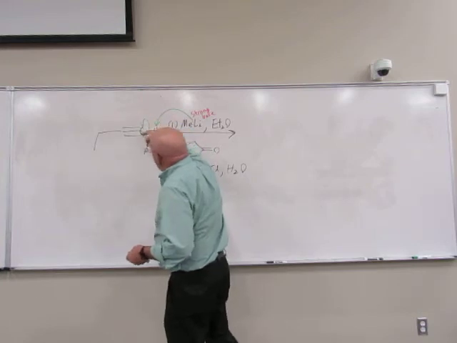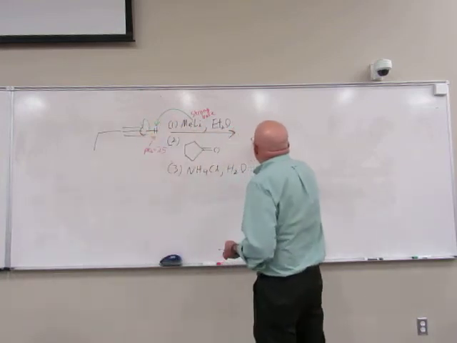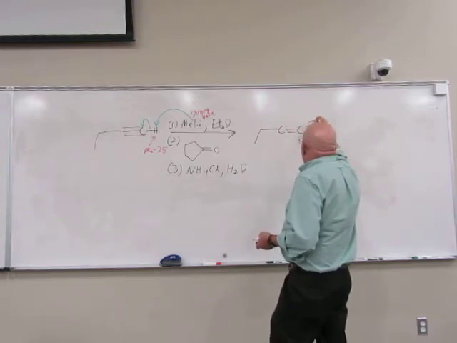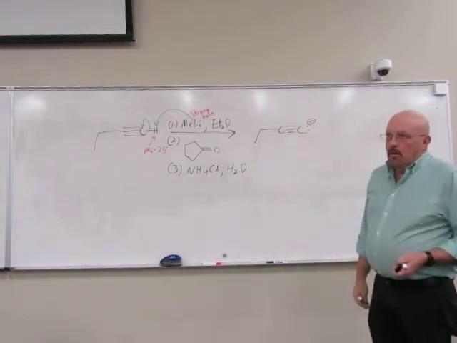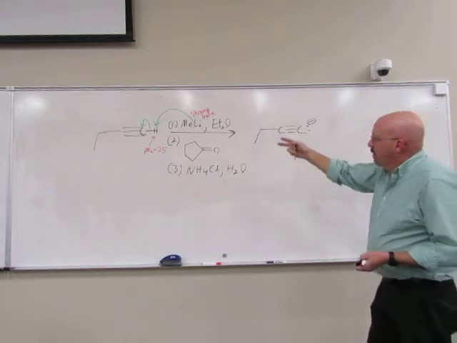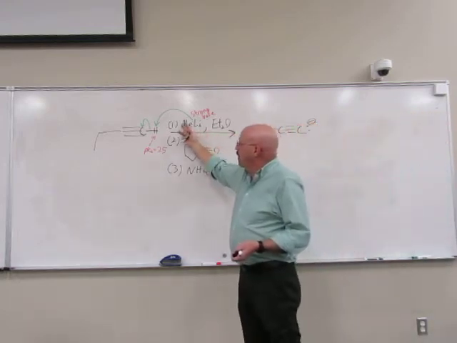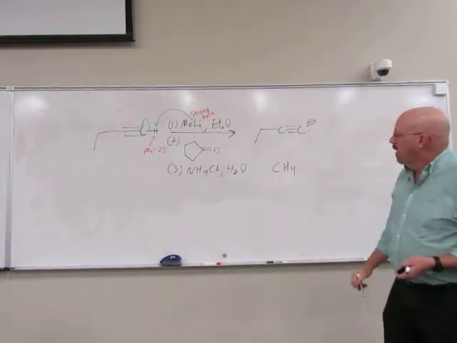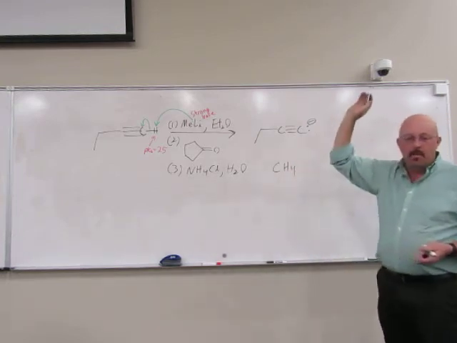We'll leave the electrons there on the carbon. The CH3 group grabbed the hydrogen, so you will have CH4 if you want to show that. You don't have to. That's just methane gas and it bubbles out and it's gone.